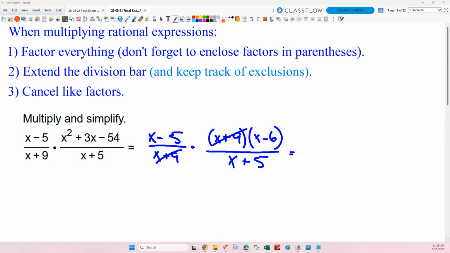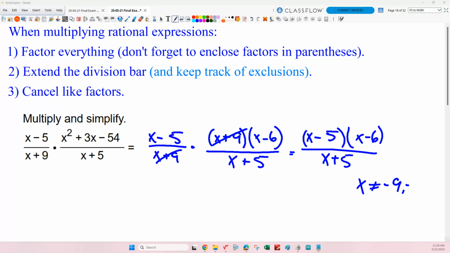Yeah, got it. So then we have x minus 5, x minus 6 over x plus 5. And then there's one more thing we have to do. Yes, x cannot equal -9 and -5.